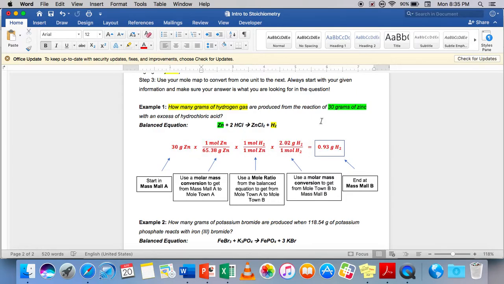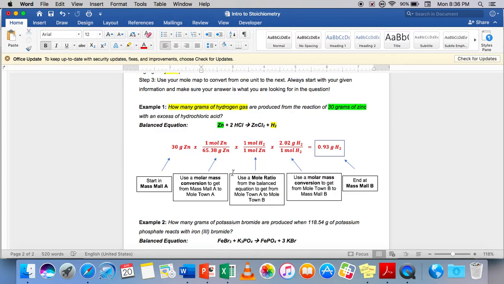So 3 steps is the maximum number of steps you are going to do. Once you do all of the math, you're going to end at mass mole. So you started in one mass mole and ended in the other mass mole. Hopefully you remember that to do the math now, once you've set it up, you multiply every number that is on top and divide by every number on the bottom.